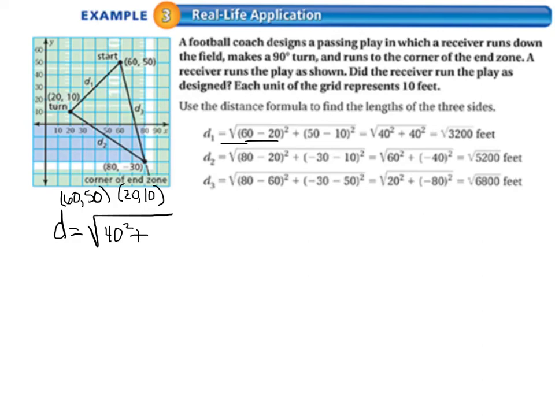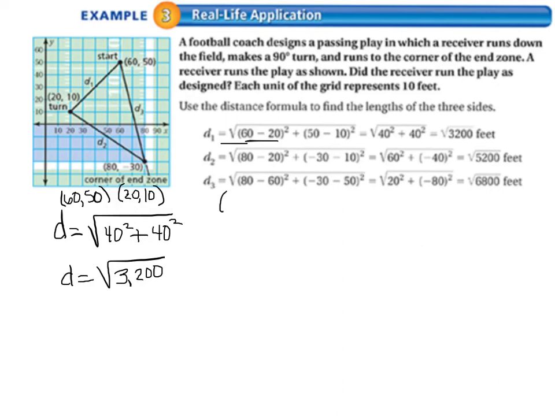Plus, subtract our y's. 50 minus 10 is 40 squared. 40 squared plus 40 squared gives you the square root of 3,200. Now I'm not going to change that to a decimal quite yet. So let's go on to the next one.